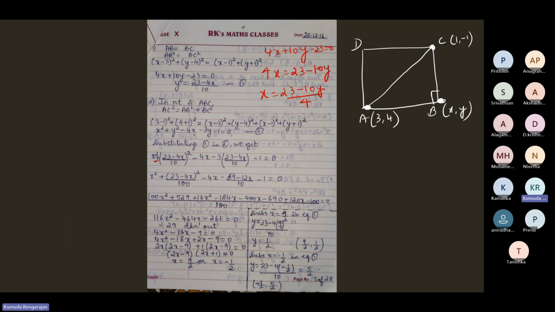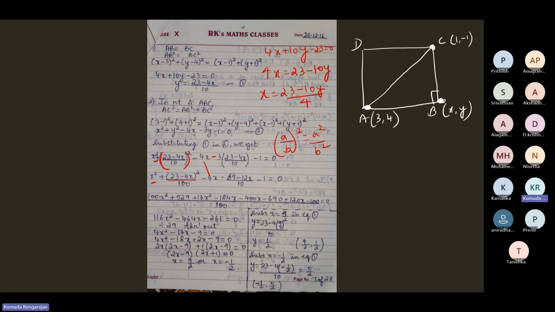See, x squared as it is. Now this is like a by b the whole squared, so I have written it as a squared by b squared. That's what you see here: 23 minus 4x the whole square by 10 squared, which is 100. Then this minus 4x as it is. Here, children, this is where we'll have to be careful.